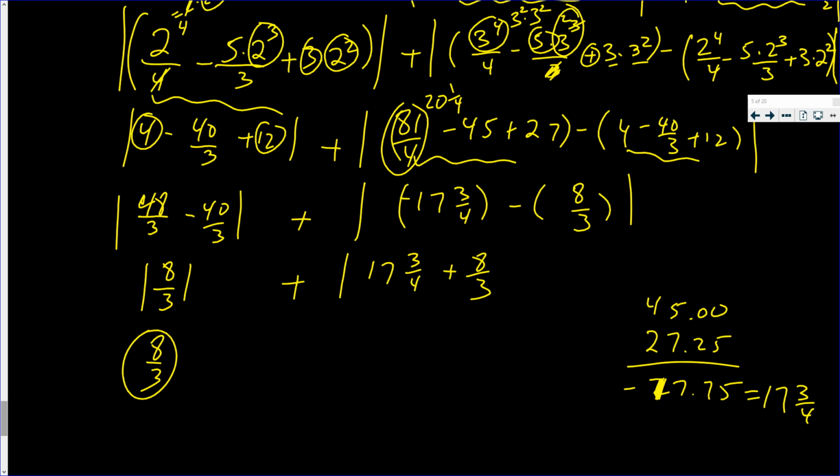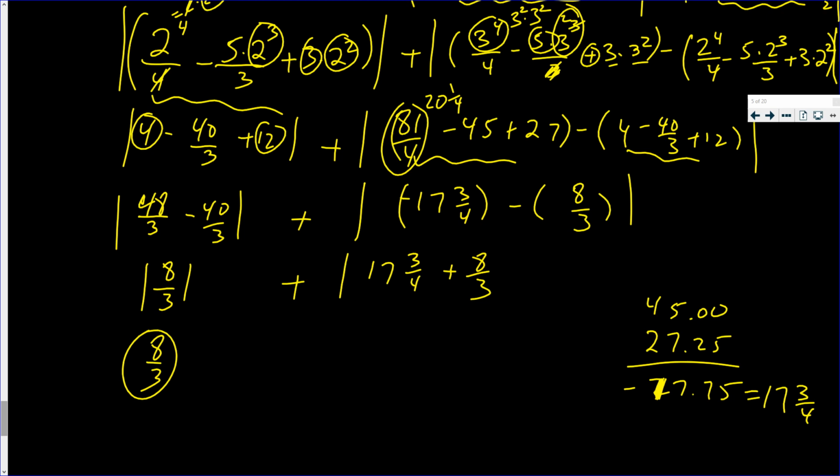So let us do that on the side. What is 3/4 plus 8 thirds? Let's have 12 on the bottom. So I multiply top and bottom by 3. I get 9 over 12. And I multiply top and bottom by 4. And I get 32 over 12. So this is 41 over 12, which is 3 5/12.